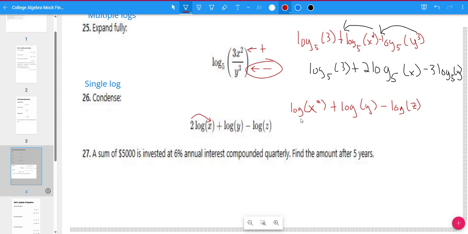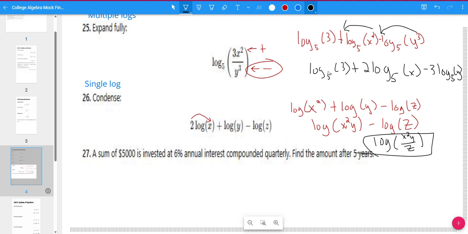And then addition becomes multiplication, that's how I remember it. So I have log of x squared y minus log of z. And then subtraction becomes division, so I have log of x squared y over z as my final answer.